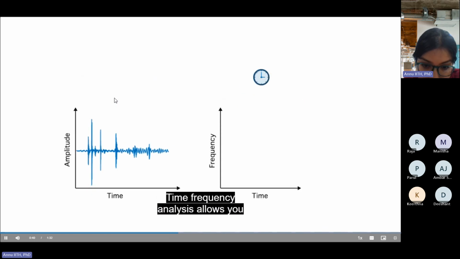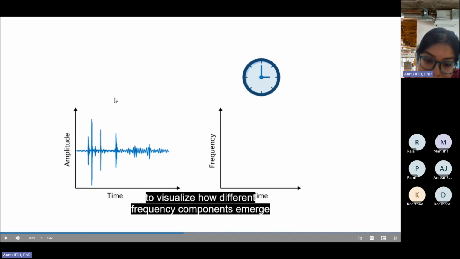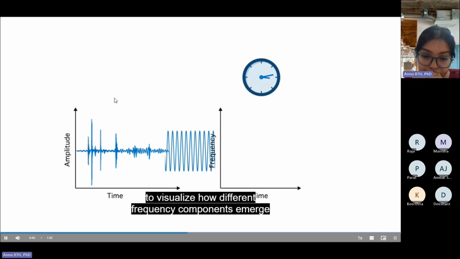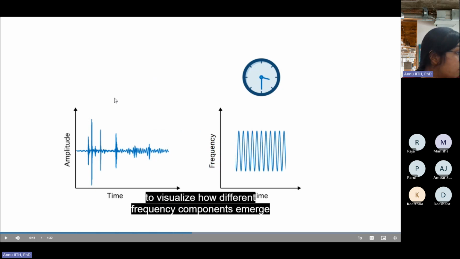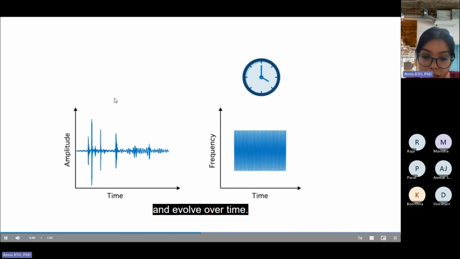Whereas time frequency analysis allows us to visualize how different frequency components emerge and evolve over time.